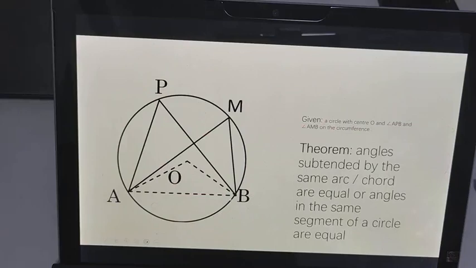And in this theorem, we are saying angles subtended by the same arc or chord.